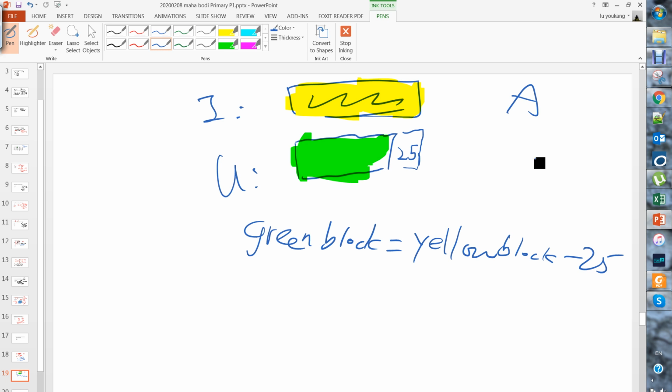So I have the yellow block, but now instead of yellow, I have A. So how do you find this? I have 25 more than you. I have A. So you is equal to A plus 25 or A minus 25? A minus 25.